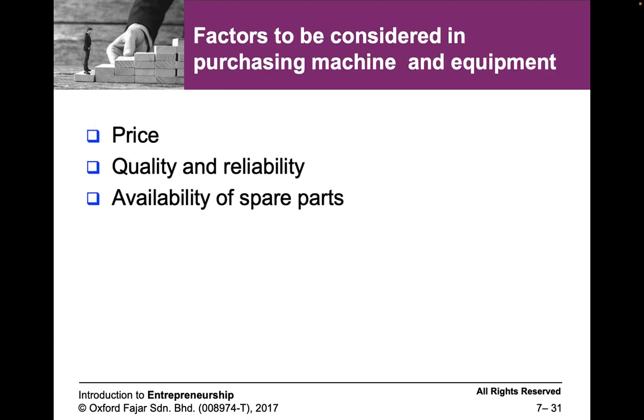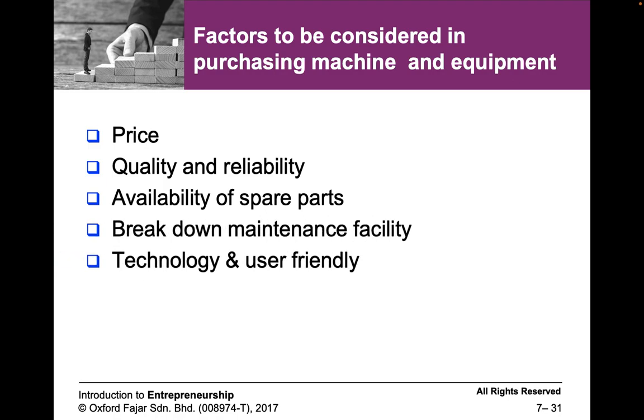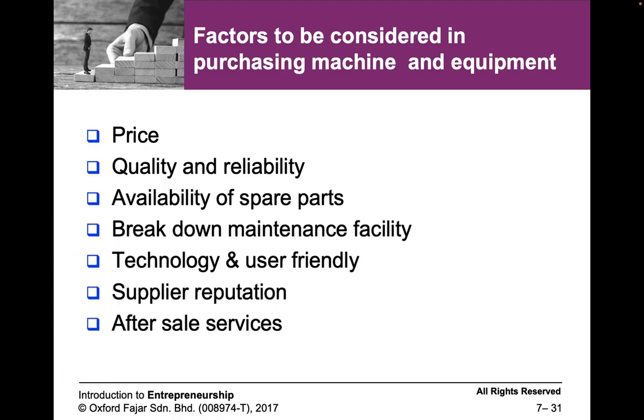So next is factors to be considered in purchasing machine and equipment. Alright, because machine and equipment is not cheap. It takes a lot of money, very expensive. So that's why you need to consider these factors before you make a purchase of the machine.